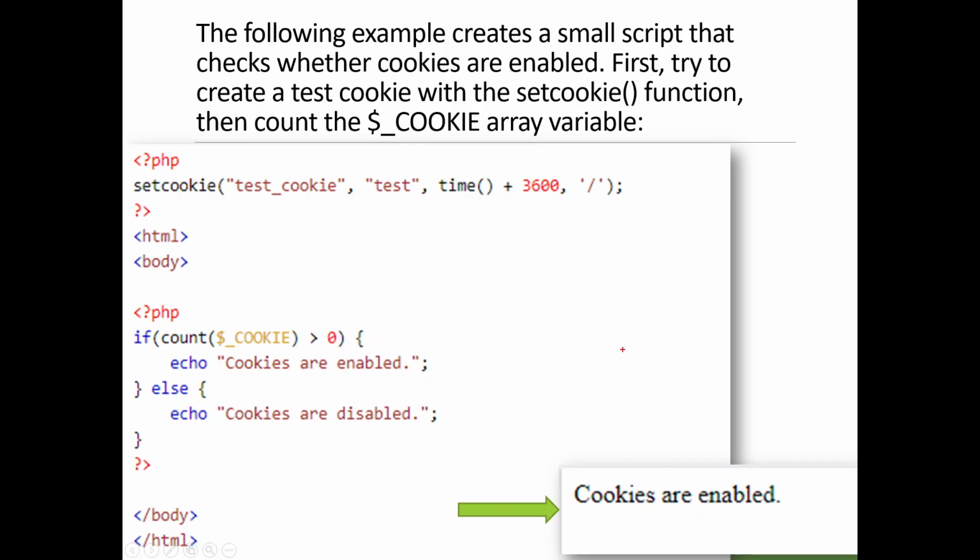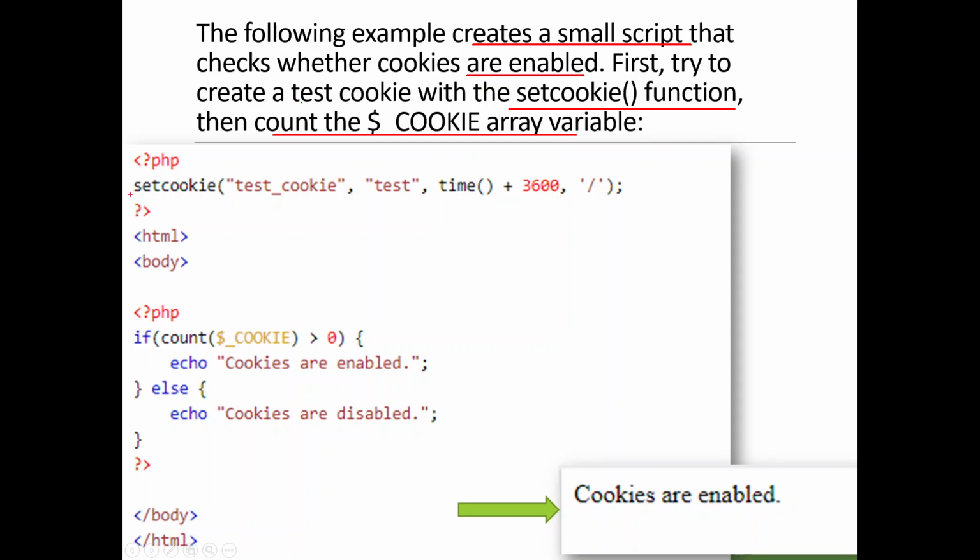Okay, so this is another example. This example creates a small script that checks whether cookies are enabled. First, we try to create a test cookie with the setcookie function. Then we count the cookie array variable.